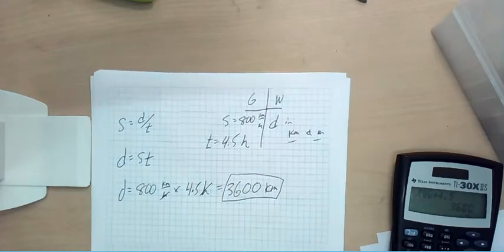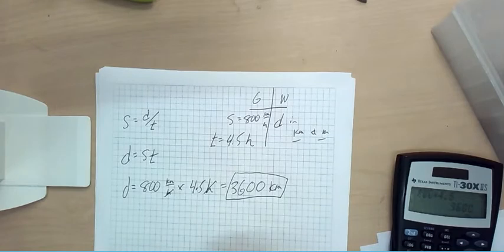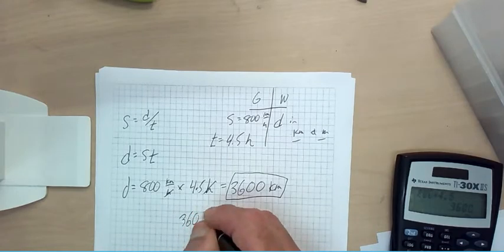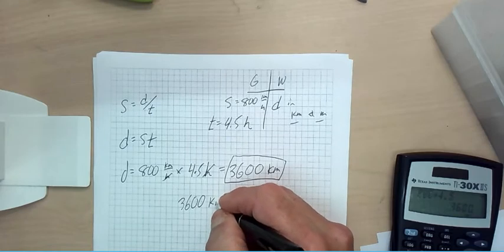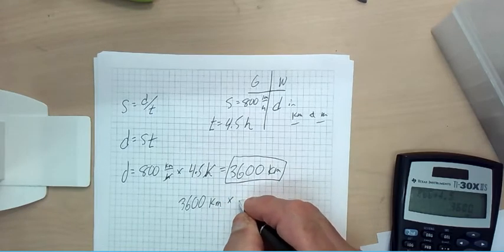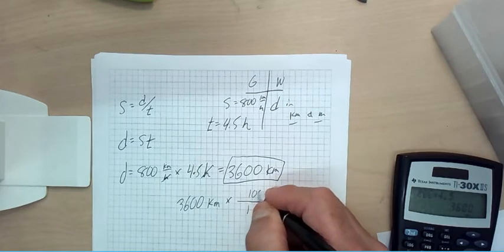And this part's really pretty quick because it also says how far is that in meters? Well, 3,600 kilometers is 3,600 with 3 zeros on the end. But let's do it properly. 1 kilometer is 1,000 meters.